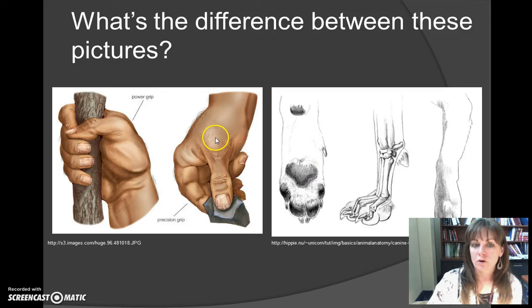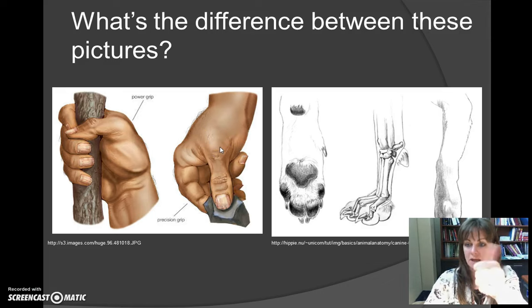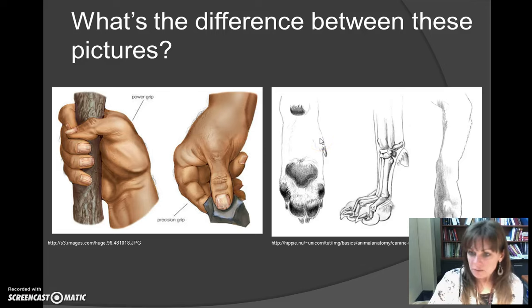The human thumb is long. I could move my thumb in all of these different directions. But this similar structure on the dog can't move in those same ways because it's not shaped the same.